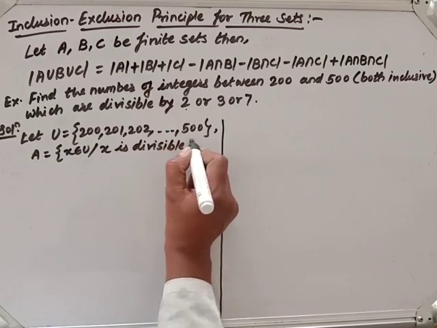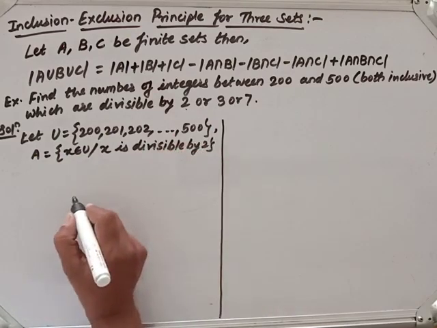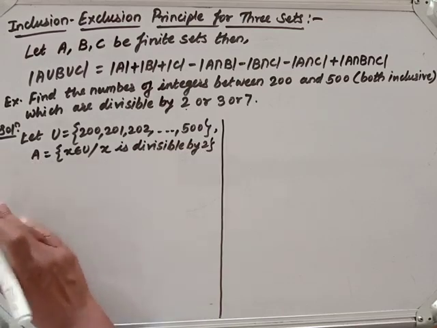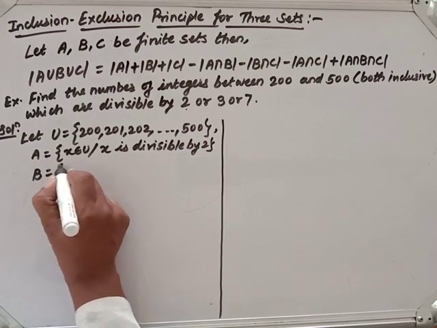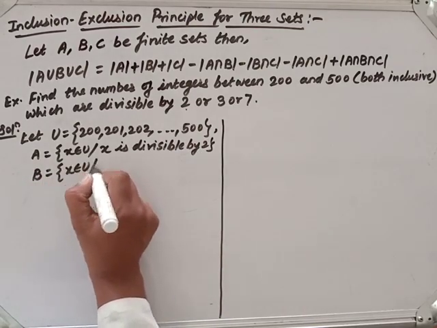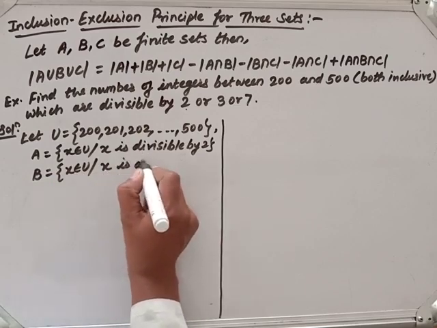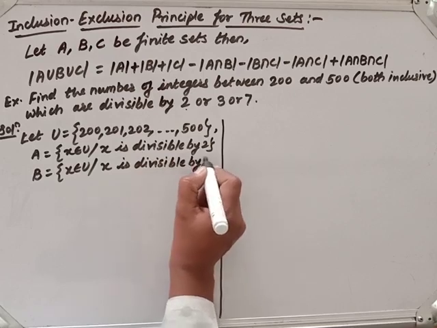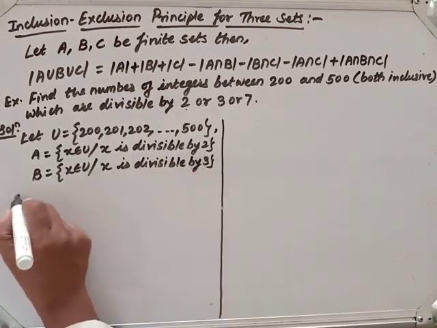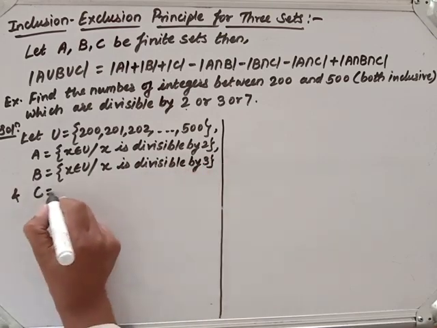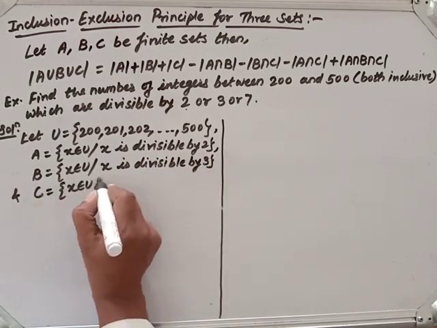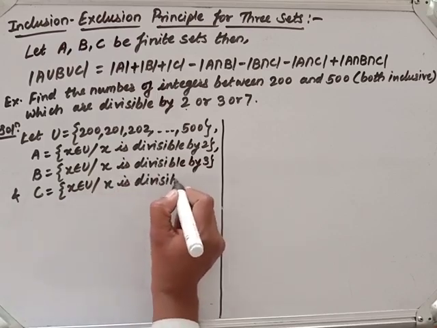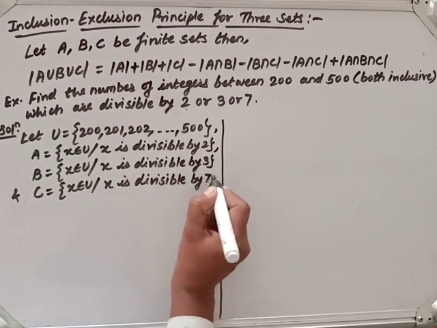Now B is the elements in U such that x is divisible by 3. And C will be x in U such that x is divisible by 7.